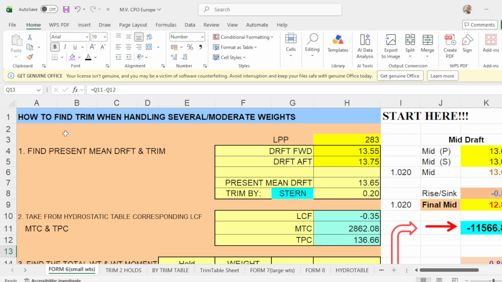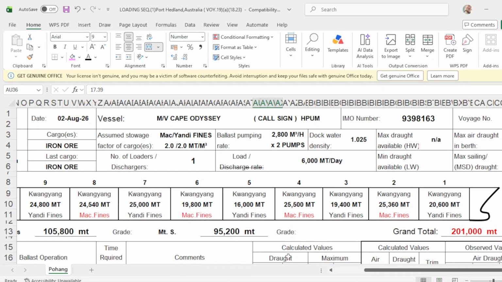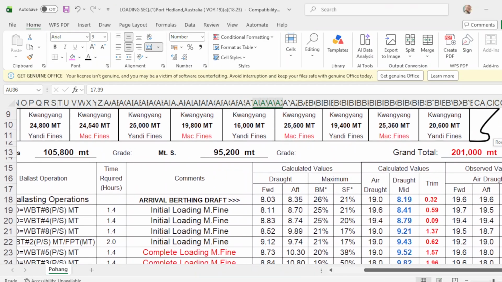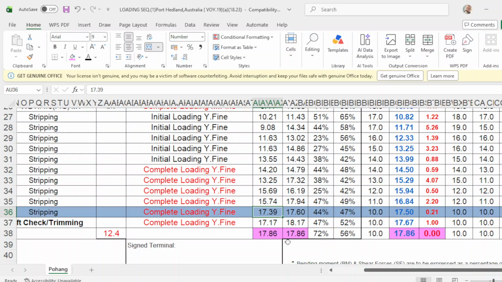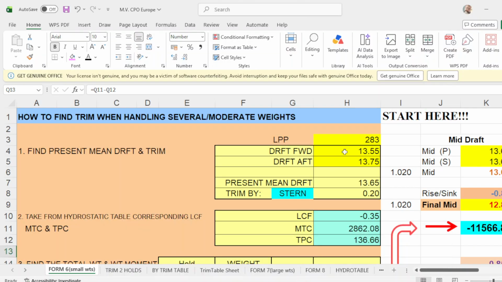This is how to find trim when handling several moderate weights. What is your initial drop forward? Let's go down. You have 1739. Put here 1739.